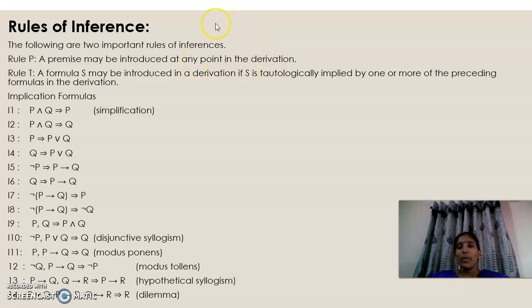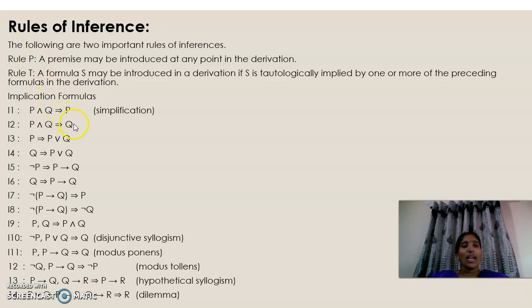So given premises we can use in the derivation, that is rule P. Rule T: a formula S may be introduced in a derivation if S is tautologically implied by one or more of the preceding formulas in the derivation. That is, by using equivalence formulas or implication formulas, you write down the new formula. That is rule T.